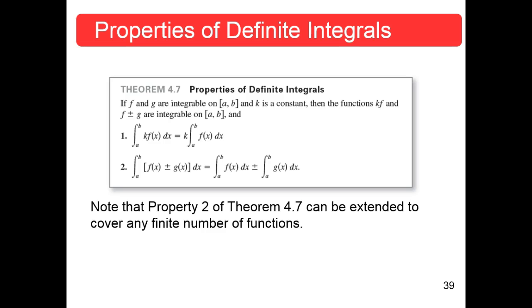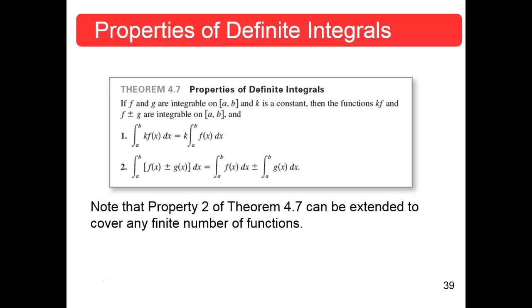And k is some constant, then the functions kf and f plus or minus g are also integrable. And the integral from a to b of kf of x dx, pull the constant outside the integral, is k times the integral from a to b of f of x dx. We already said this is integrable, so that has a value multiplied by k.